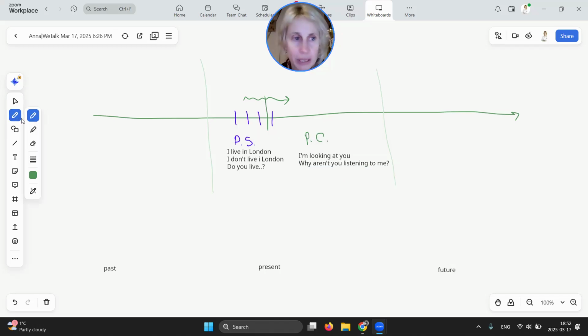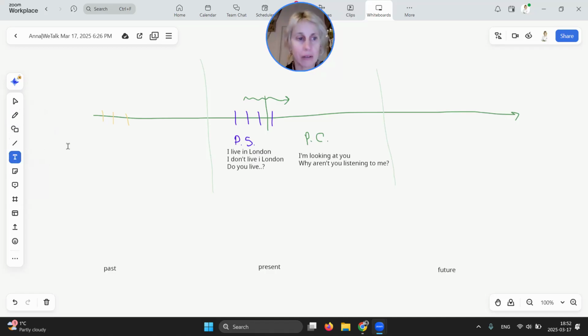The same story with the past. I will take, let's say, yellow. And in the past, we can have some actions which happen one after another. For example, yesterday I got up, opened the door, and what I did, I set off for work, and so on.